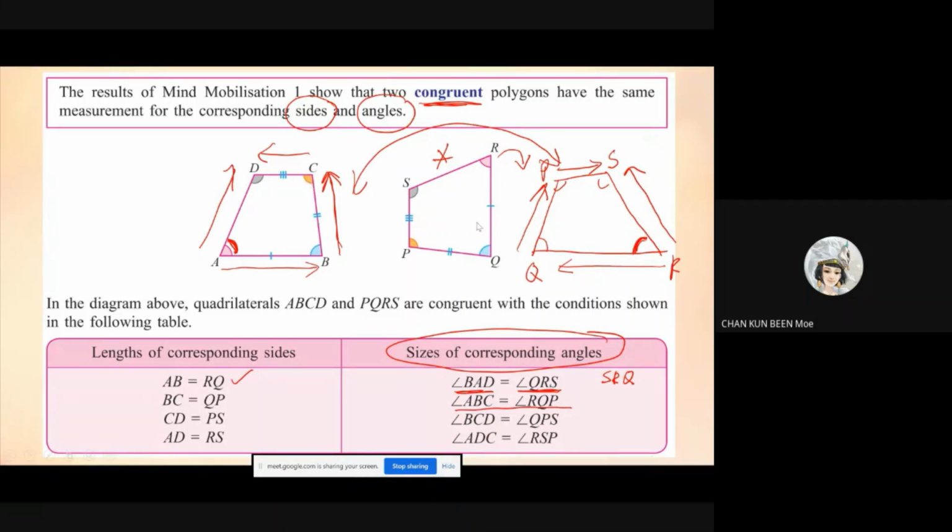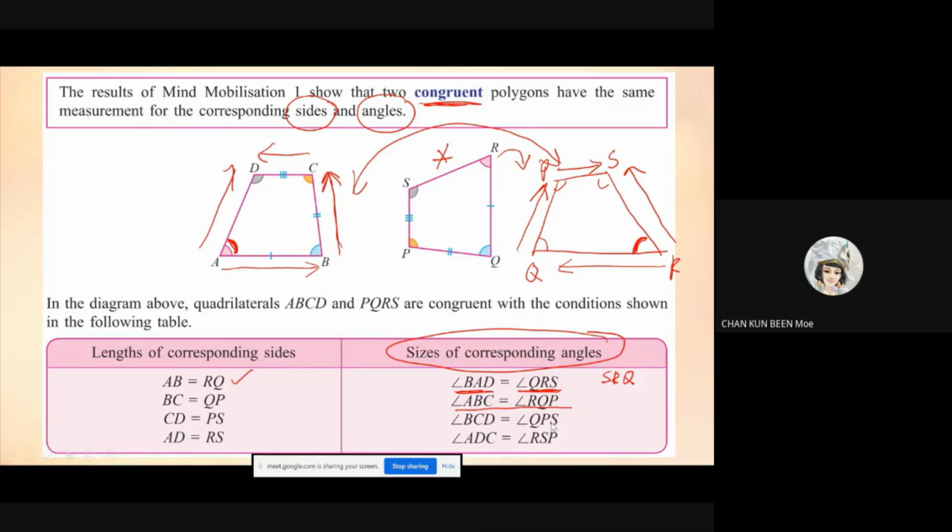Same thing, when you move to the right, you mention QPS. And the last one is angle ADC. You start from the corner over here and move to this corner, RSP. So we have all of the angles given in this way.